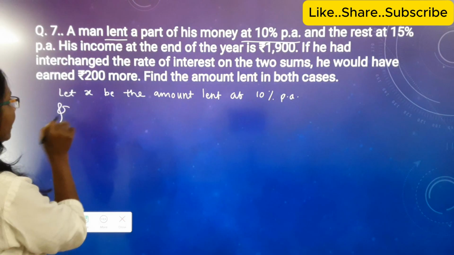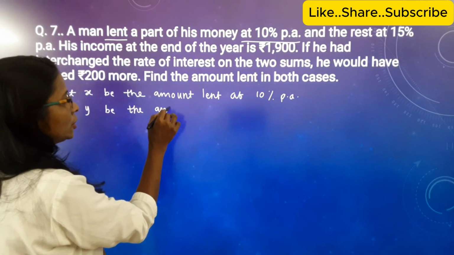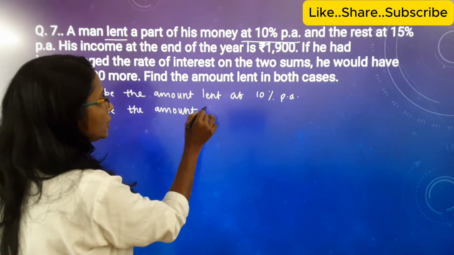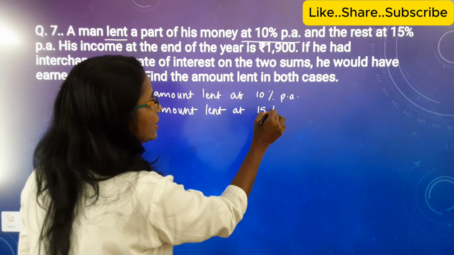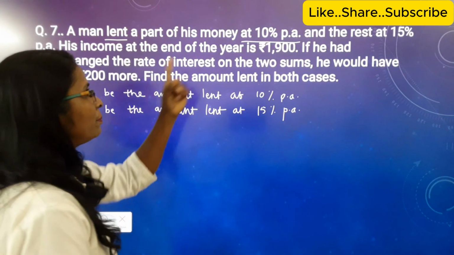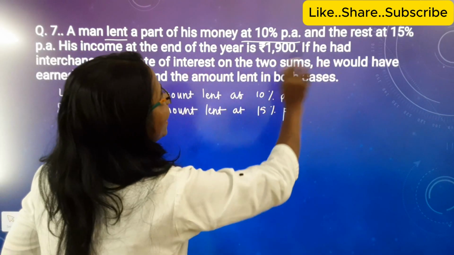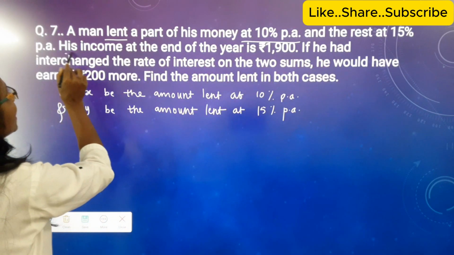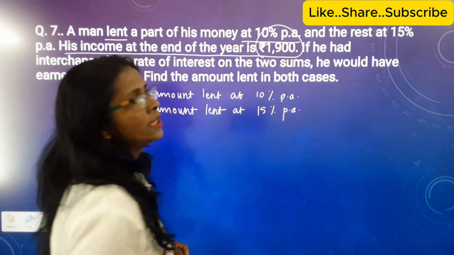And y be the amount lent at 15% per annum. Okay, so as per the first condition, the rest at 15% per annum, his income at the end of the year is rupees 1900.